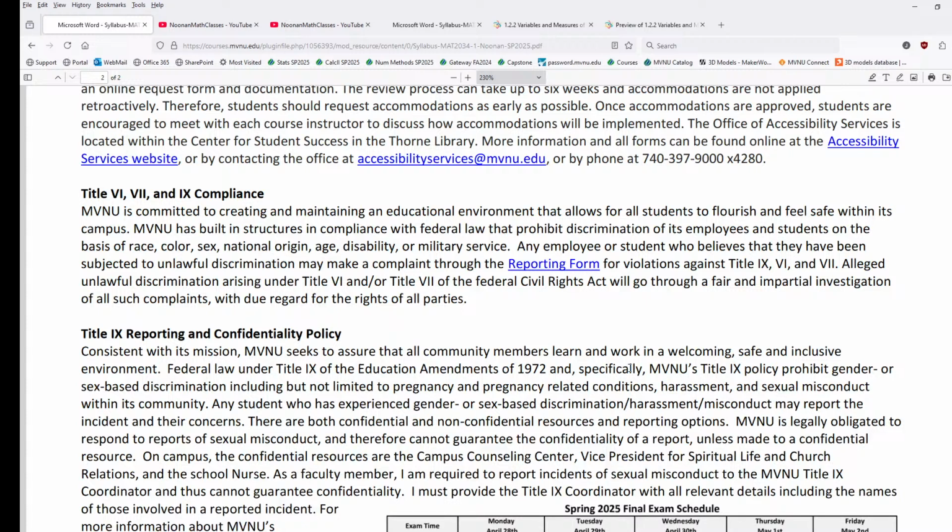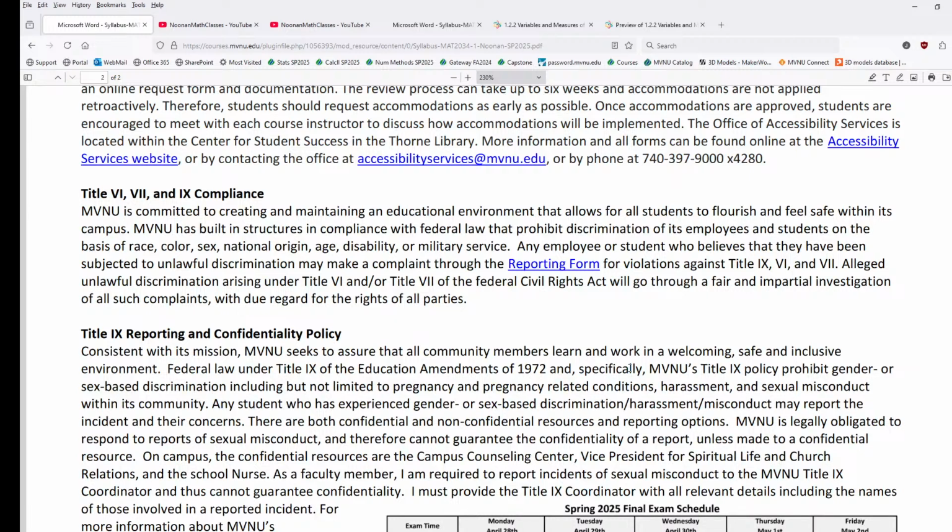And so if there are issues regarding those things, please do use the reporting mechanisms that we have. We have an Office of Civil Rights that you can go to talk to someone, and you can use this reporting form if you feel like you've been discriminated against.